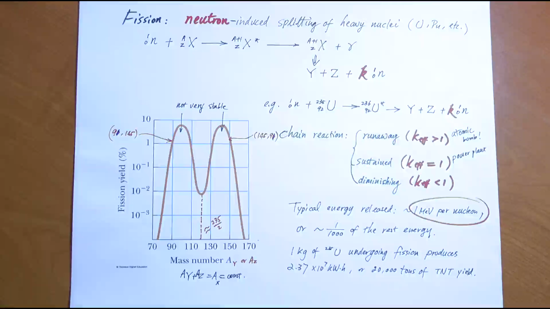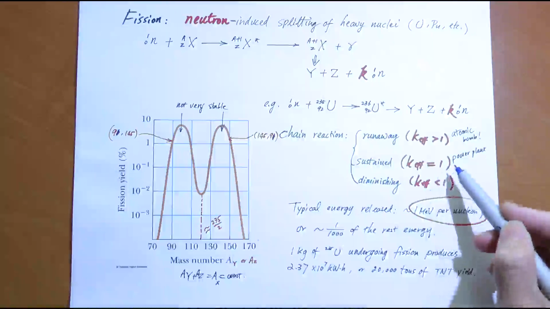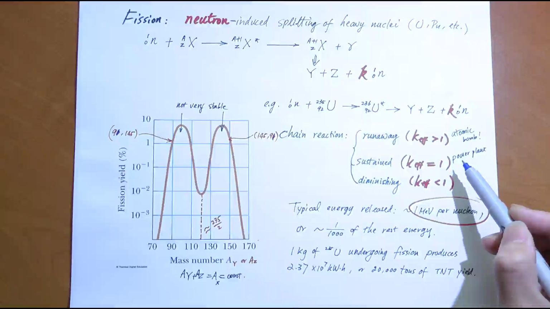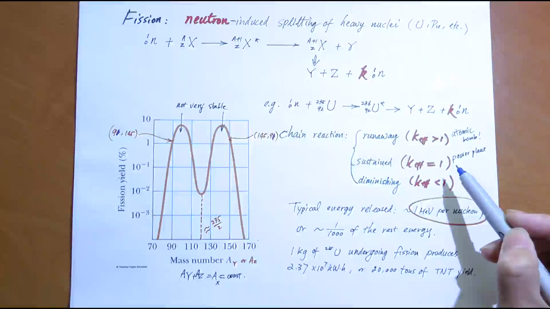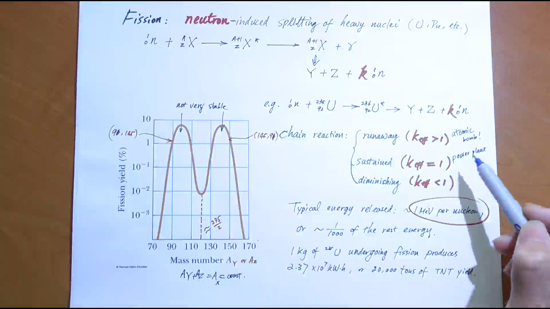But you compare that with the rest energy of even a proton, which is the smallest of the nuclei, about 1,000 MeV, right? Compared with 1 eV, we're talking about a mass ratio of about 1 in a billion or less. Here, it's 1 in 1,000. That's not bad at all. So the mass ratio difference is between 1 in 1,000 and 1 in a billion. That is 6 orders of magnitude different.